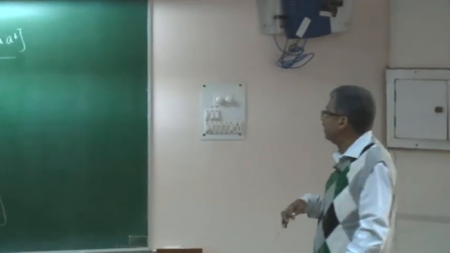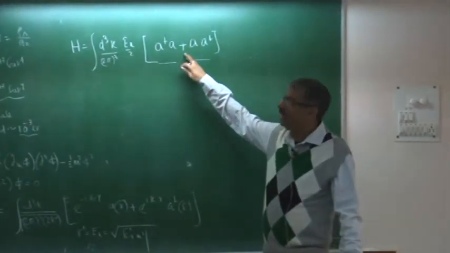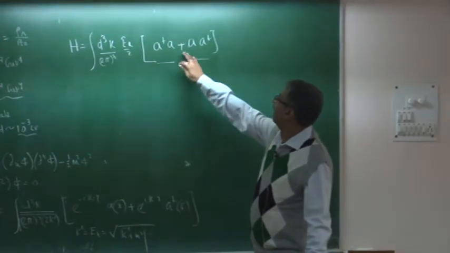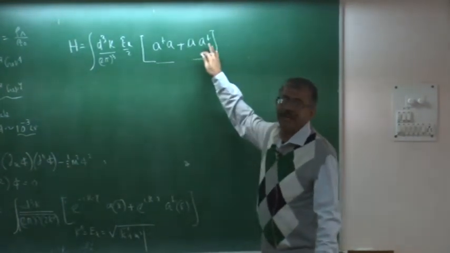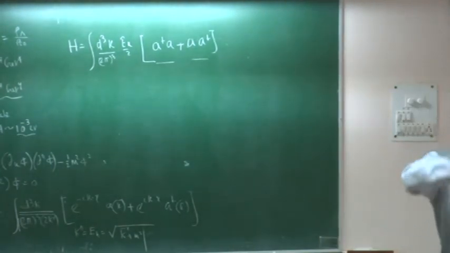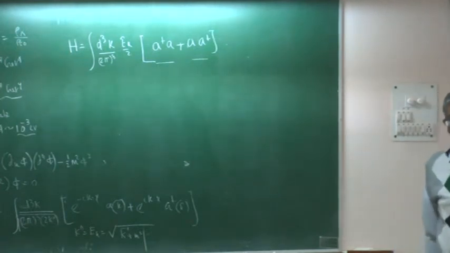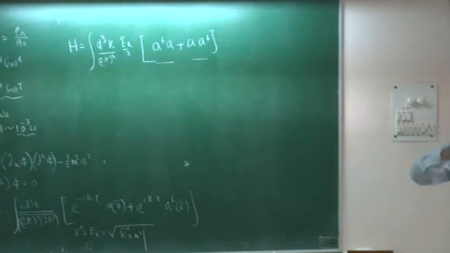So what we do is we normal order this system. After normal ordering, whatever we have as A dagger A or A A dagger, I will just change it to A dagger A, right? That's the way I do it. Fine. With the normal ordering, I put the ground state energy to zero. That is the standard normal ordering process that we do for field theory, because we never measure the actual energy, we always measure the energy difference.